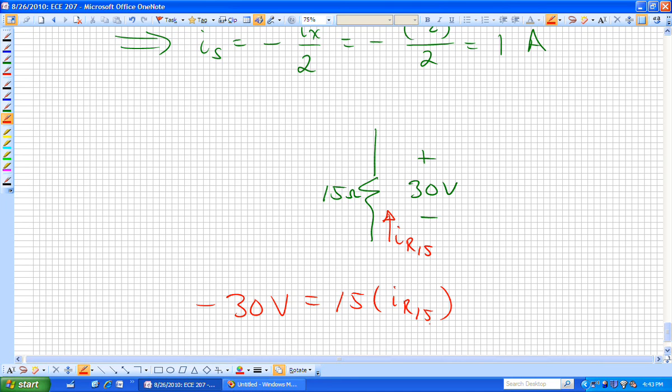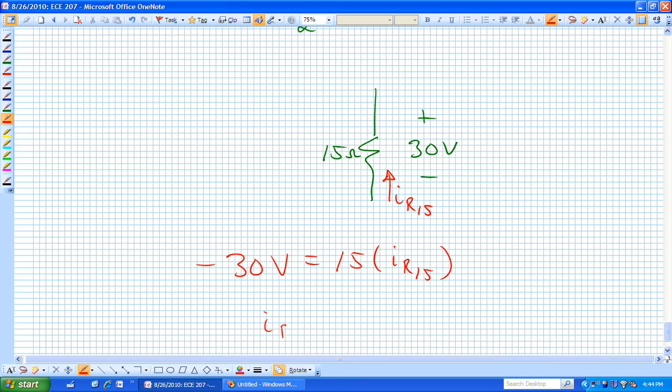And if I now solve for I sub R15, that's minus 30 over 15. Maybe I should have called that something else. Let me call that I sub R15 hat so that you don't confuse it with what I've already defined. This is now minus 2 amps. And I sub R15 hat is identical to I sub X, and that's minus 2 amps. Is that making any sense?